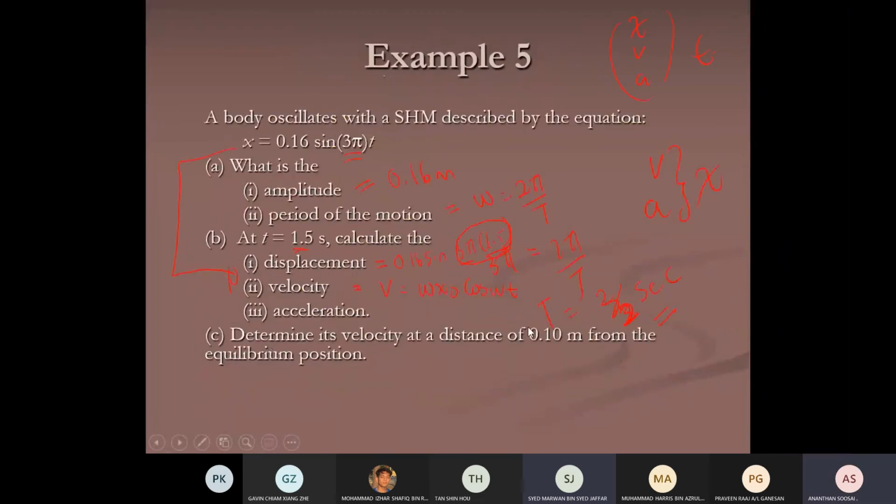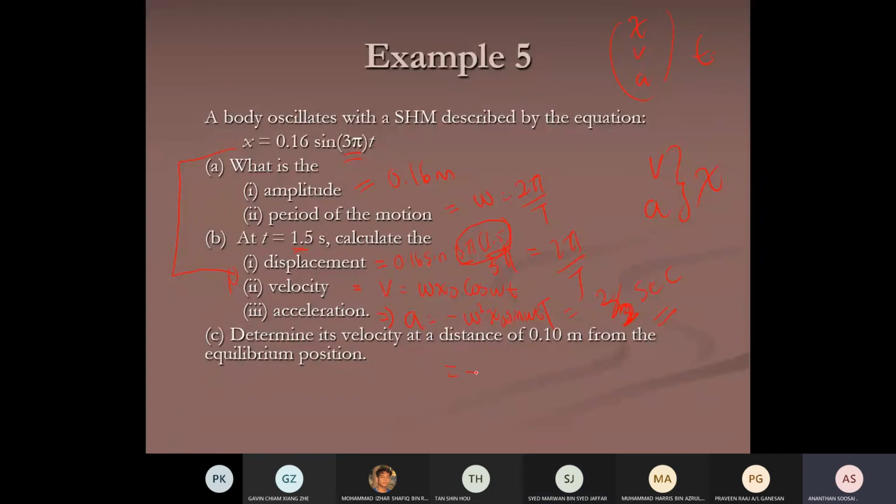So next, acceleration. So what formula to be used? So for acceleration, you differentiate the velocity formula. So a is negative omega squared x naught sine omega t.